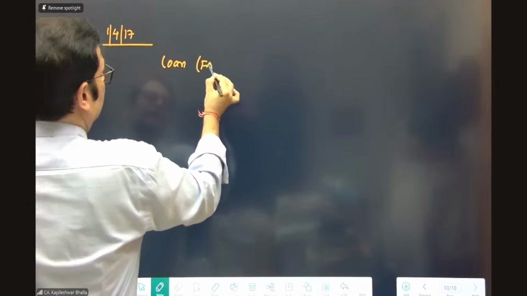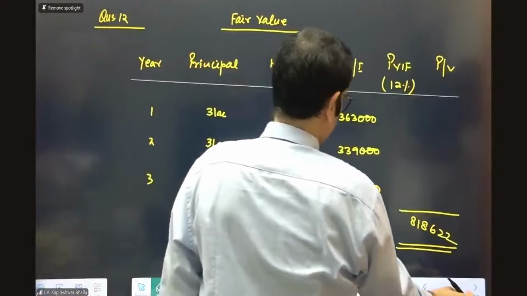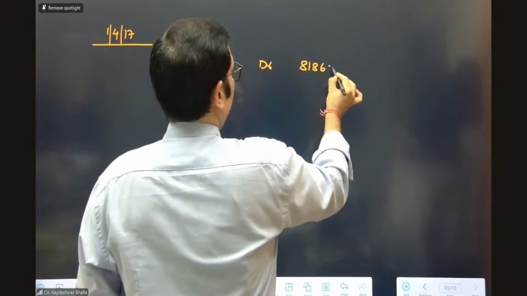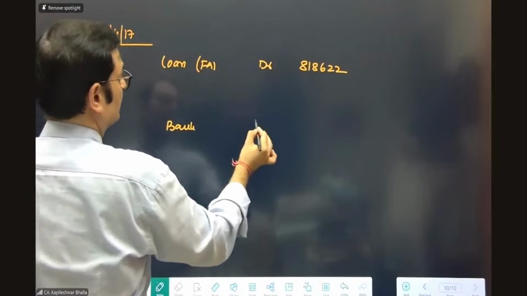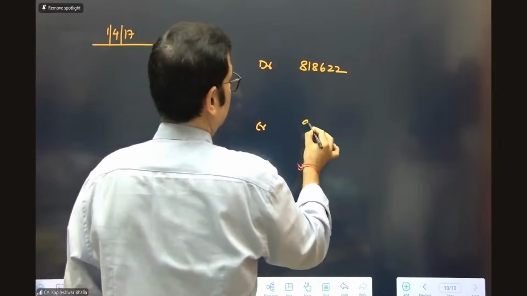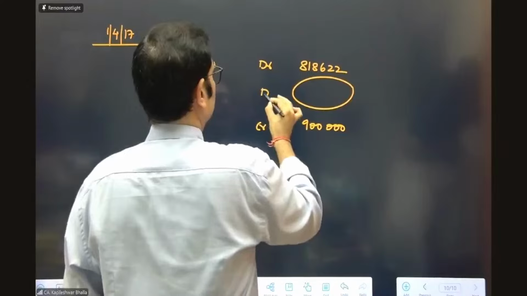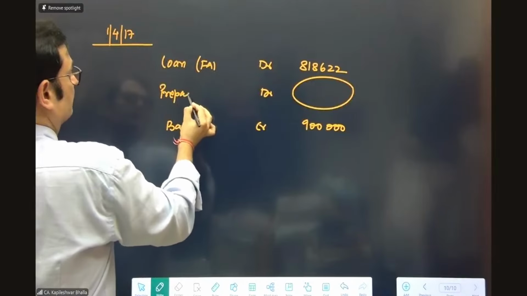So on 1st April 17, the employer will put the entry: loan, that is financial asset, gets a debit at the fair value, that is 818,622. And the bank gets recorded with the transaction value, which is 9 lakhs. And we very clearly know that this difference is going to be a prepaid staff cost.